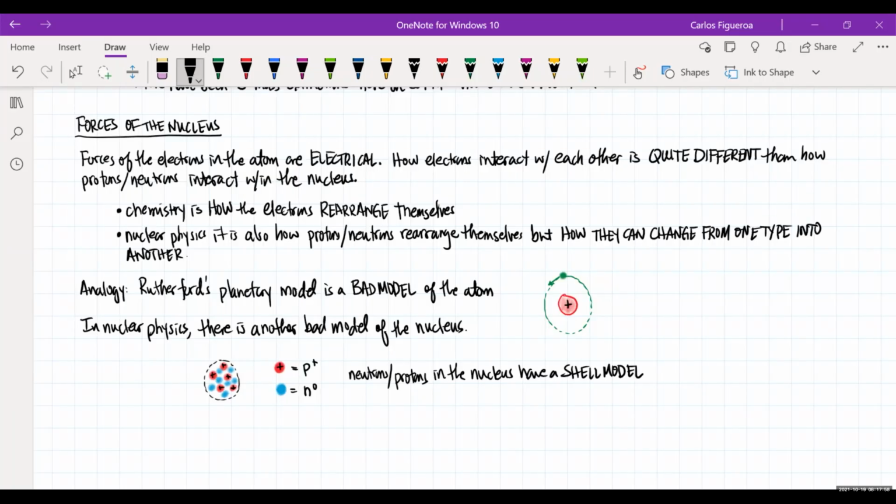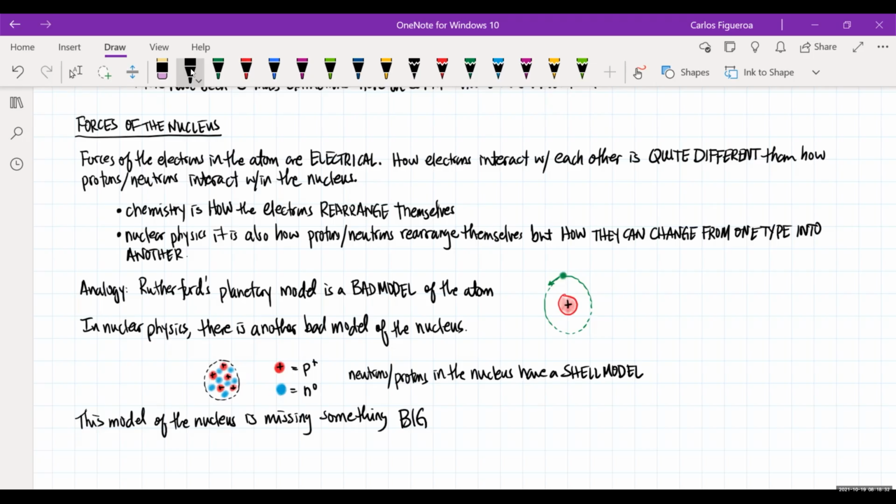So when you look at this picture here, here's another reason why this model is not so good, and probably the biggest reason. This model of the nucleus is missing something big.